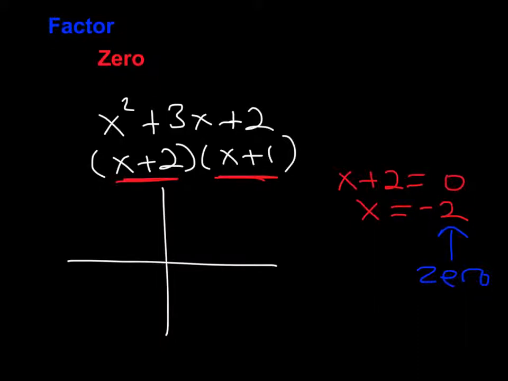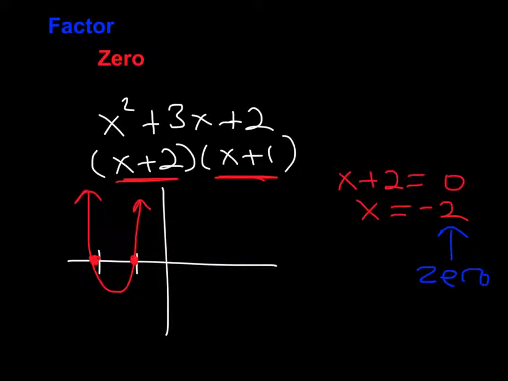And that means that on my graph, at negative 2, I have one zero. If I do the same to the other term, hopefully you can see that negative 1 is going to be a zero. And I can go ahead and connect that and make my parabola. Okay? So just be careful and make sure you understand. These two things in parentheses are factors.